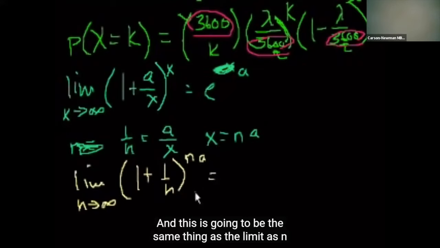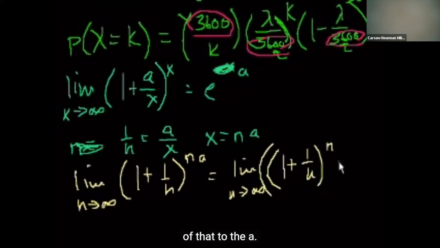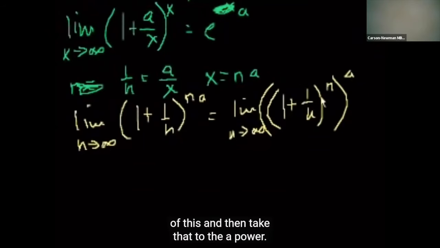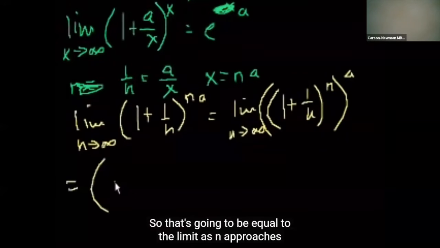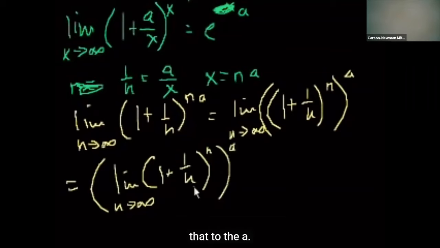And this is going to be the same thing as the limit as n approaches infinity of 1 plus 1 over n to the n, all of that to the a. And since there's no n out here, we just take the limit of this and then take that to the a power.